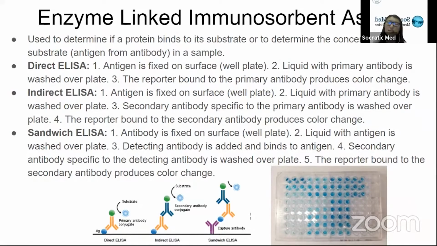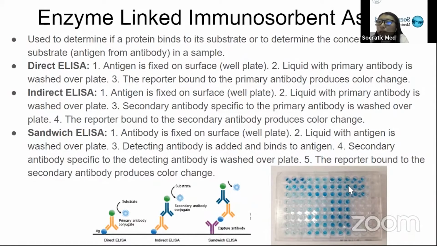One is the direct ELISA, in which first the antigen is fixed on the surface or the well plate. At the bottom here are some diagrams for the three different types of ELISAs that we're going to discuss. And this is generally what you will see ELISAs on.